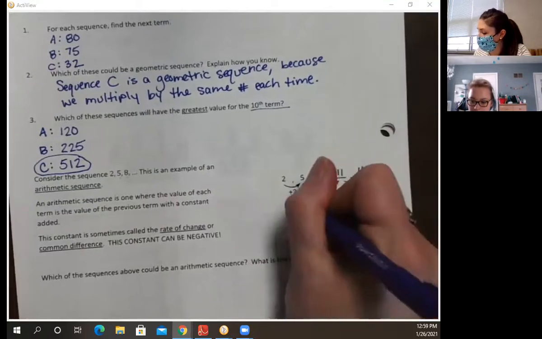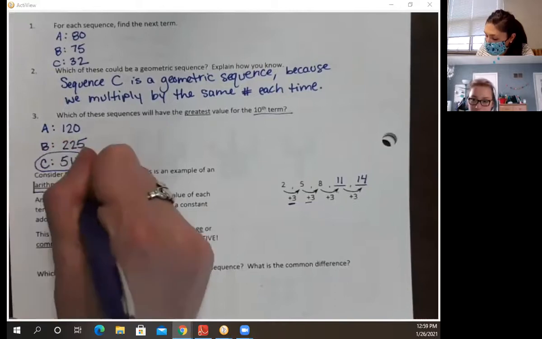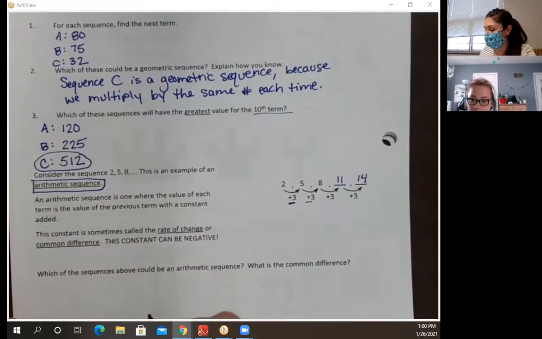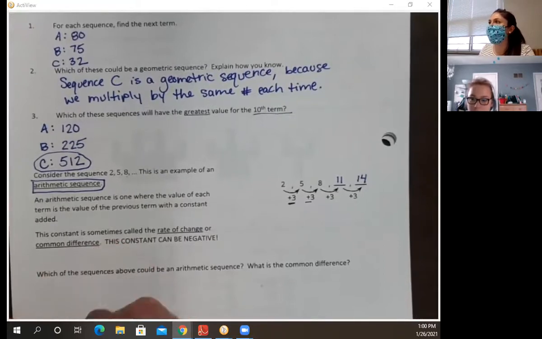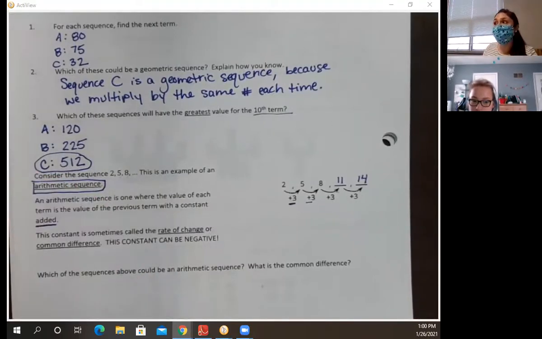If we continued this pattern of adding 3, we get what's called an arithmetic sequence. So an arithmetic sequence is one in which I am adding the same number each time. Okay? So for geometric, we multiplied by the same number each time. For arithmetic, we add the same number each time.